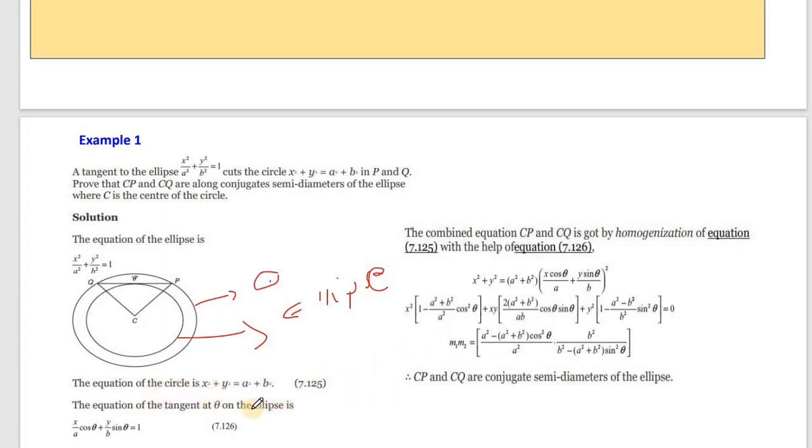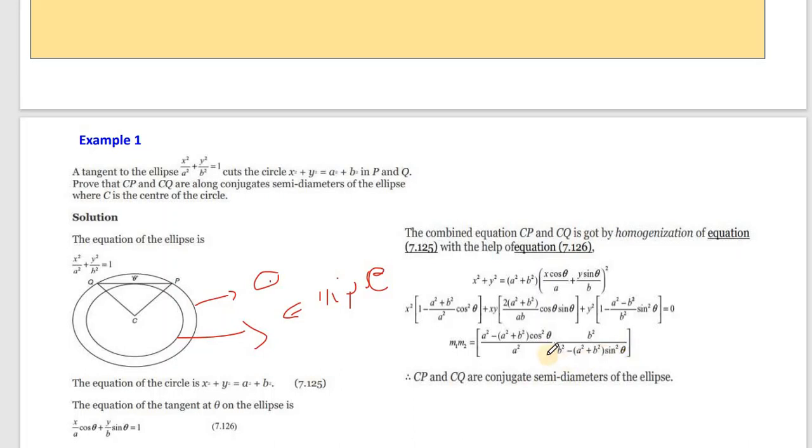The equation of the tangent at theta on the ellipse is this, x by a cos theta. Now if we want to get the combined equation, we will have to homogenize the circle with the help of this line, right? So that is what is done here: x by a cos theta plus y by b sin theta, the whole square, and then collect the coefficient of x square, collect the coefficient of y square, and the other term, the xy term, we are not bothered.